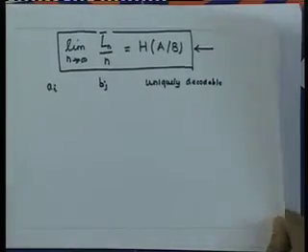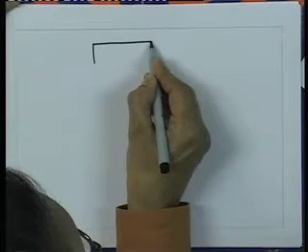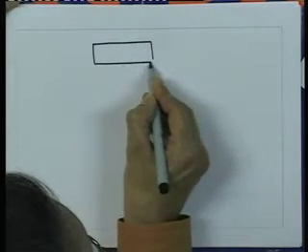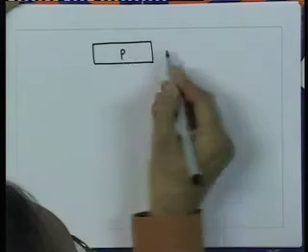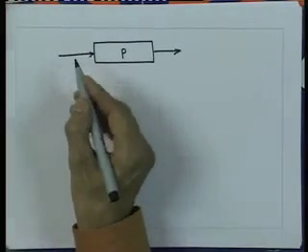Let us reconsider the information channel which we had studied earlier. The information channel consists of R inputs and S outputs.